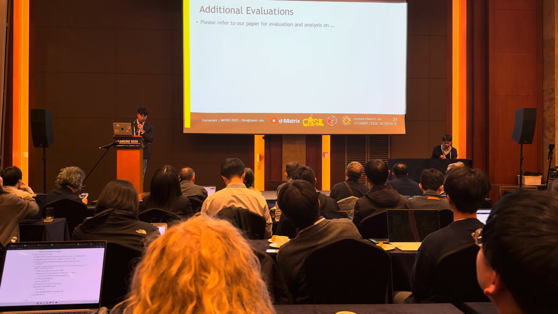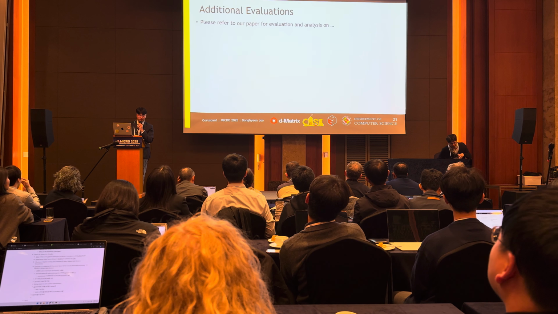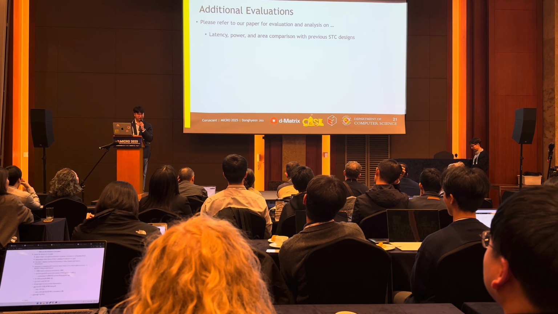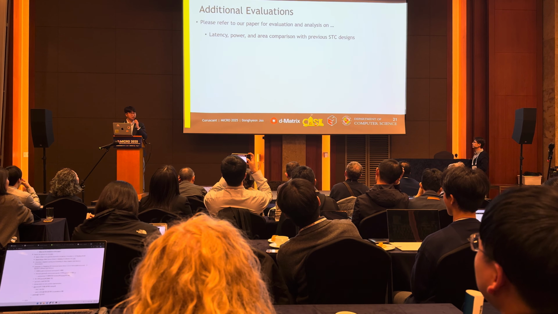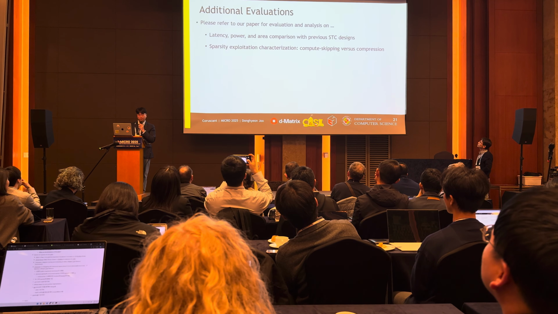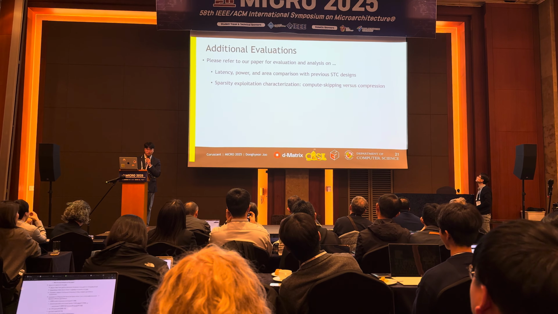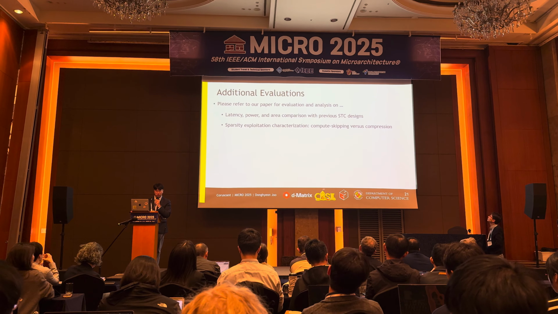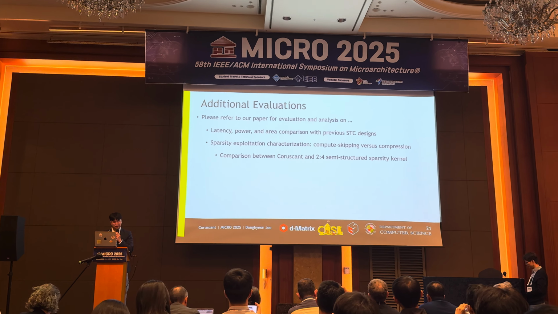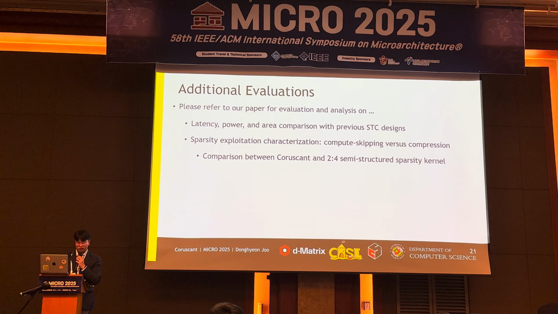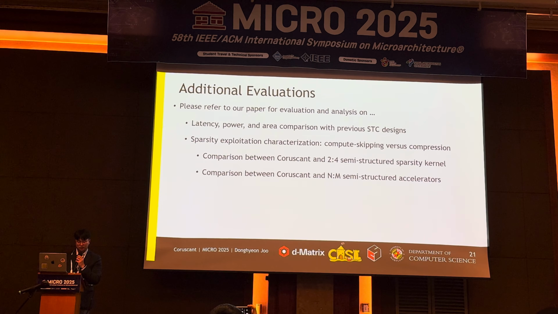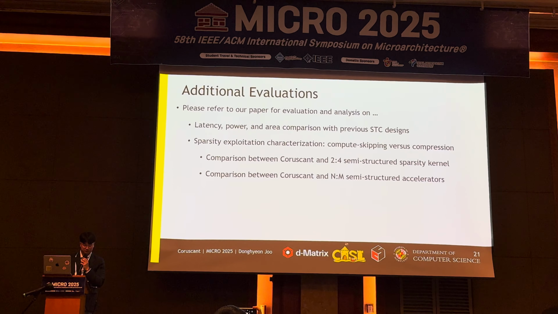And also, please refer to our paper for additional numbers and analysis on latency, power, and area comparison with previous sparse tensor core designs. Sparsity exploitation characteristics, where we think about if we need to leverage sparsity for compute skipping or compression, which leads to comparison between Coruscant and cuSPARSELt's 2:4 semi-structured sparsity kernel, and also with different end-to-end semi-structured accelerator variants.